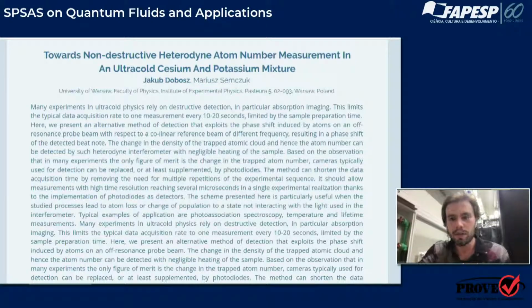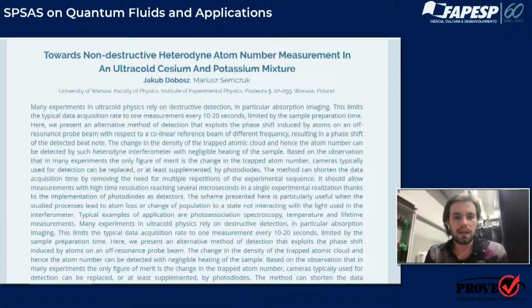And this different frequency is of course generated by an acousto-optic modulator, as often in AMO physics. And the reason to build such an interferometer is mainly to speed up the spectroscopic measurements, but we have some other ideas on what to use it for further.